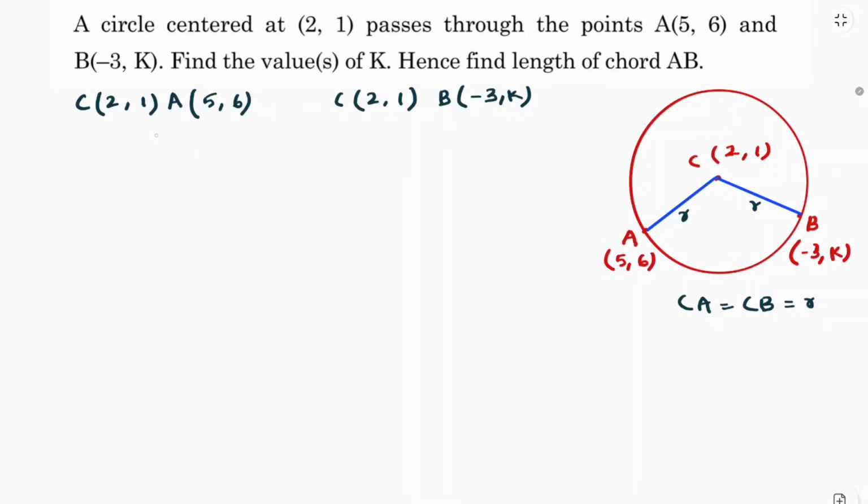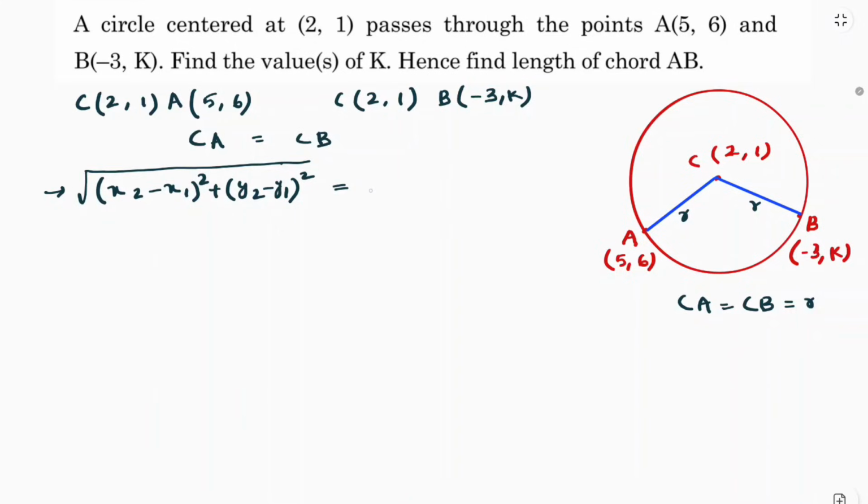So now if I do CA equals CB, the distance formula is under root (x2 minus x1) whole square plus (y2 minus y1) whole square equals CB, under root (x2 minus x1) whole square plus (y2 minus y1) whole square.